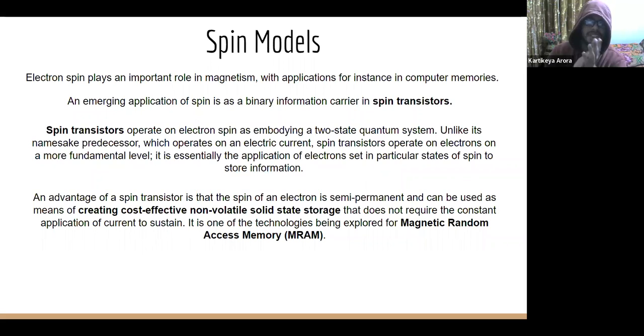Now, the spin transistor that we create here works differently than the classical transistors. In the spin transistor, we basically use the property of quantum spins instead of the electronics that we originally use, because a spin transistor also behaves like a two-state quantum system. A spin can be either up or down, right? And instead of operating on current, like the original classical transistor, it operates at a more fundamental level on the spins of the electrons.